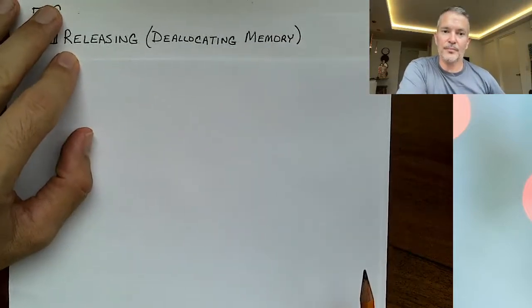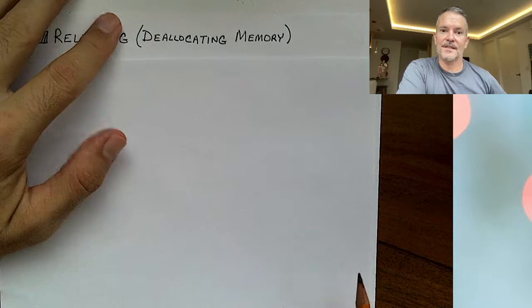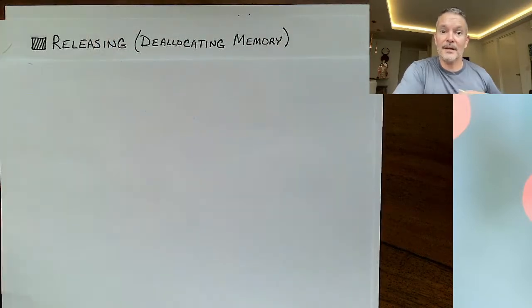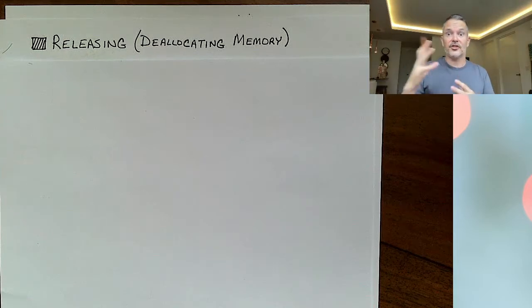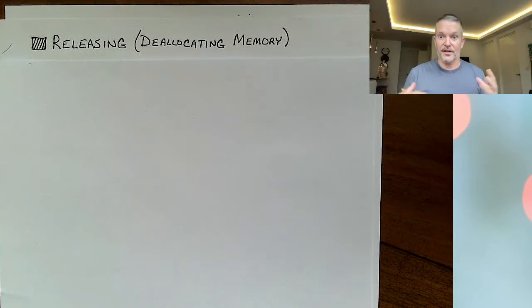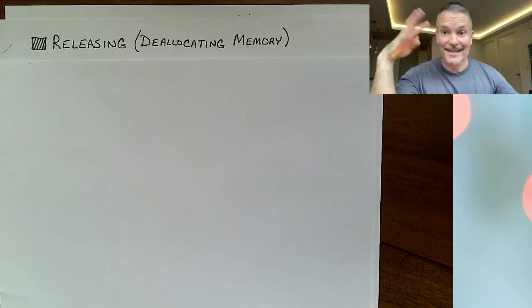Well, another thing that's important to understand is that if you are going to dynamically create memory in your program, you need to make sure that when you're finished working with that variable, you release and deallocate that memory. Because again, the amount of memory available for your program isn't infinite.